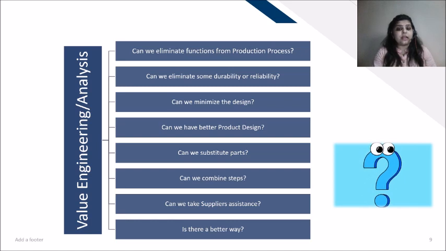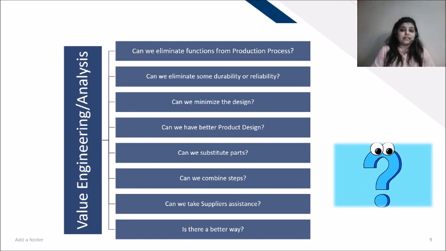Can we take supplier assistance? Now here they are actually talking about the make or buy decision. For example, I'm making these laptops, so there is a keypad required for that. Now instead of making the keypad in-house, can I actually outsource it to somebody on a job work basis and get the keyboards manufactured by them, and I can install it in my product?